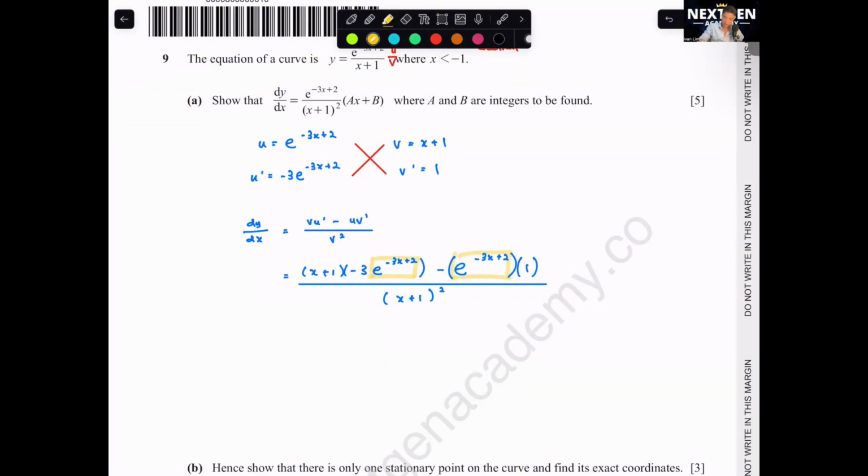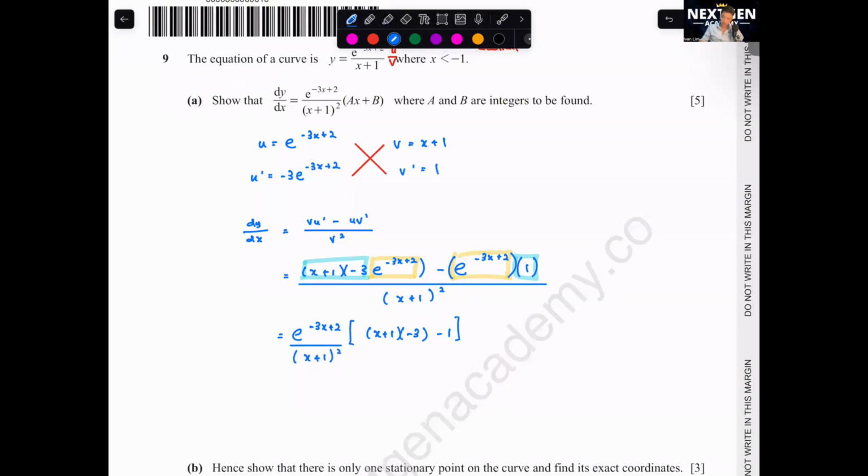Factorize this part, then the rest will remain inside the bracket, and that will form your ax plus b. So we factorize out e to the power of -3x plus 2. Here will be (x plus 1) times -3 minus 1. Then here we can write (x plus 1) squared.